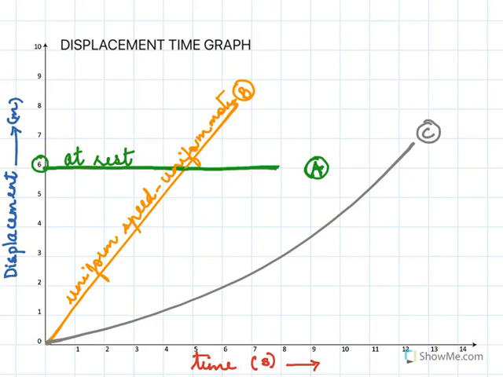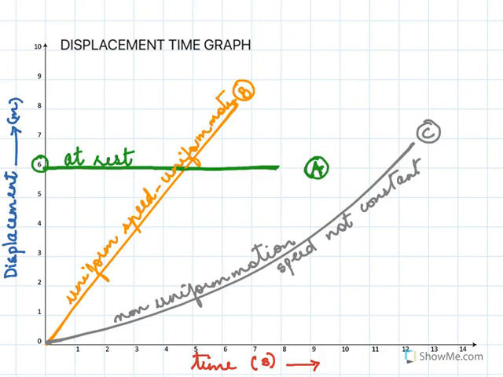It's a curve. So this is non-uniform motion, where the speed is not constant. So these are the three kinds of graphs that we have learnt of displacement time.